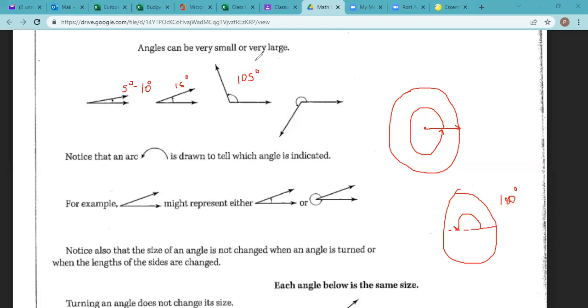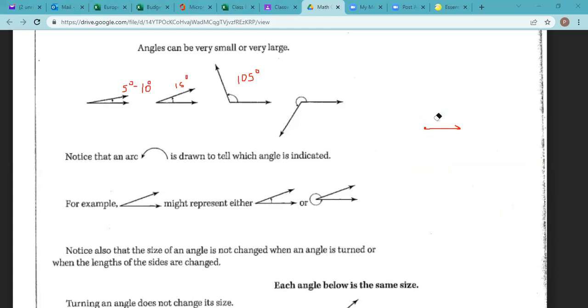Well, here's why. I'm going to draw this circle again. Remember how I said that if you go all the way around, it's 360 degrees, right?